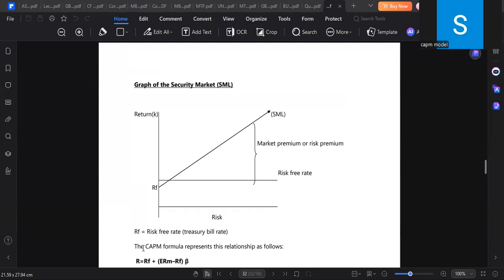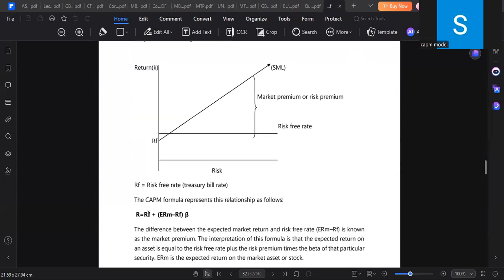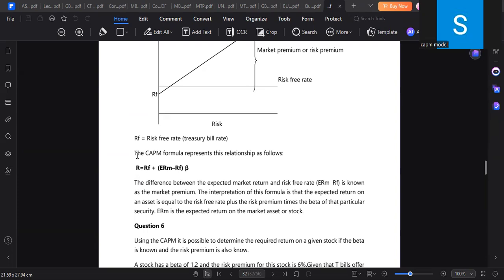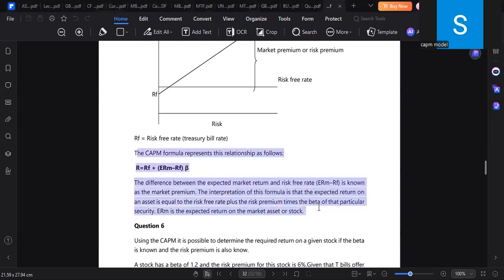So the CAPM model is given by the return equal to the risk-free rate plus the expected market return minus the risk-free rate, times beta. So the difference between the expected market return and the risk-free rate is known as what? The market premium. Okay, so we use this formula to calculate or to explain the CAPM model.